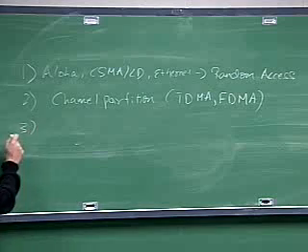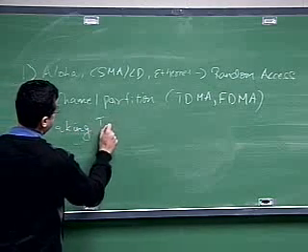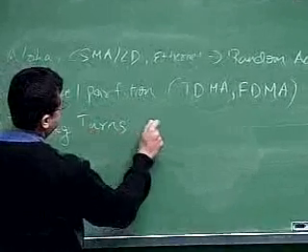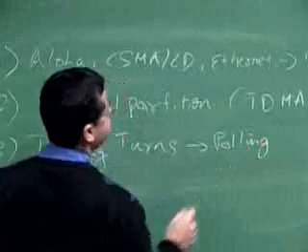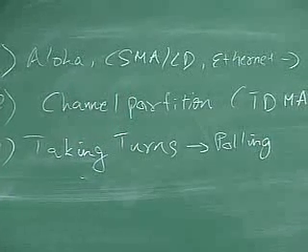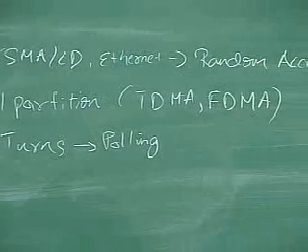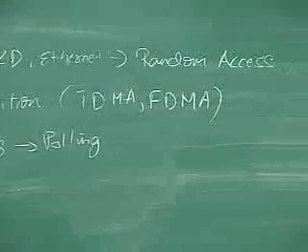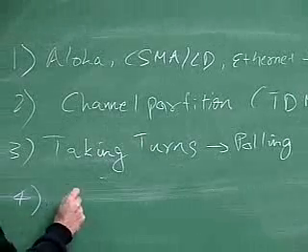Third kind was taking turns, or polling. So a token ring, a token passing protocol, or master-slave kind of protocol which is used by Bluetooth. That's the third kind. CDMA is yet another kind of MAC protocol.